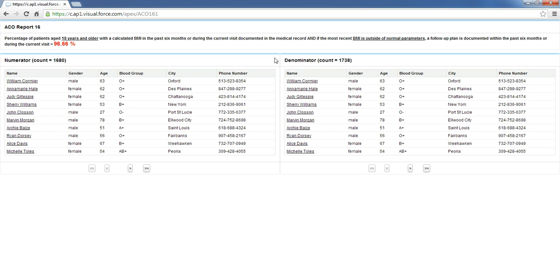Dividing the numerator by the denominator and multiplying it by 100, we get a percentage of 96.66%, which is the required result. Thereby, we can solve complex measures using simple coding, which is a highlight of Salesforce.